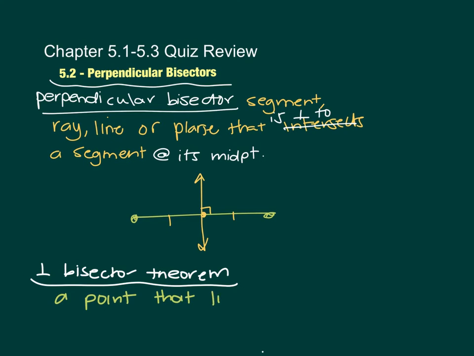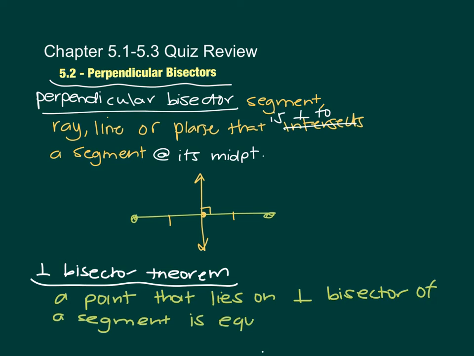Good. A point that lies on the perpendicular bisector of a segment is equidistant from the endpoints of the segment.